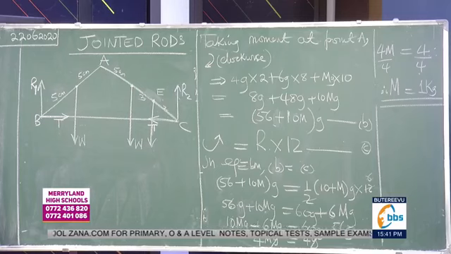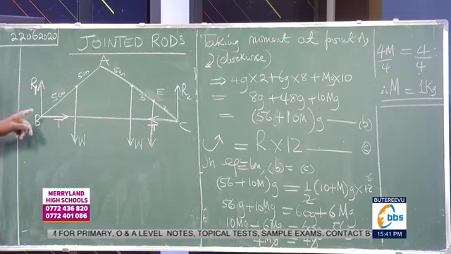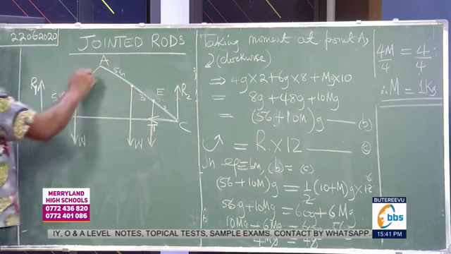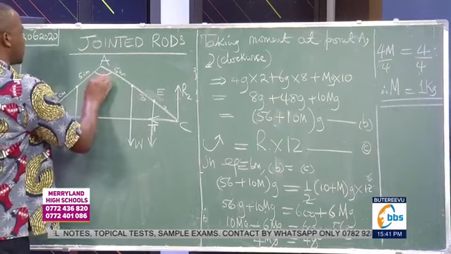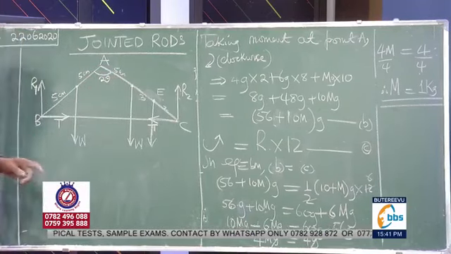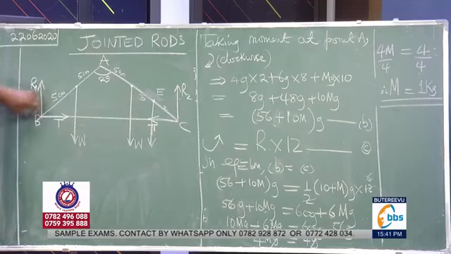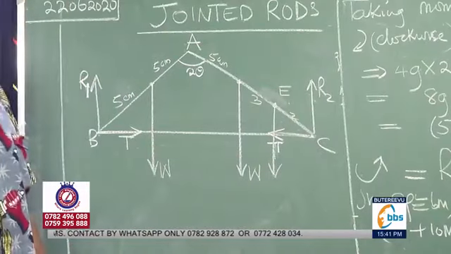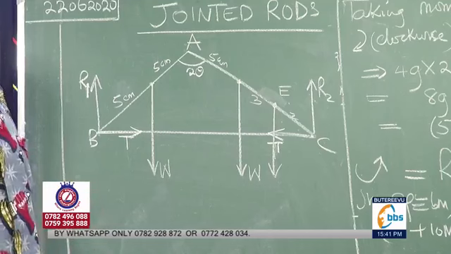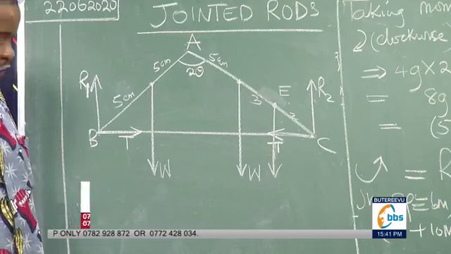Given that angle BAC is 2 theta, but notice that if AB and AC have the same length, this triangle is an isosceles triangle.